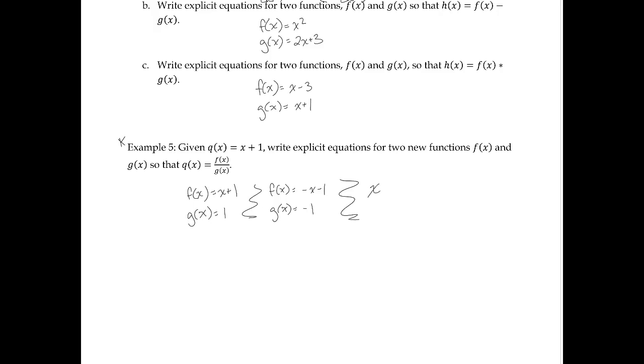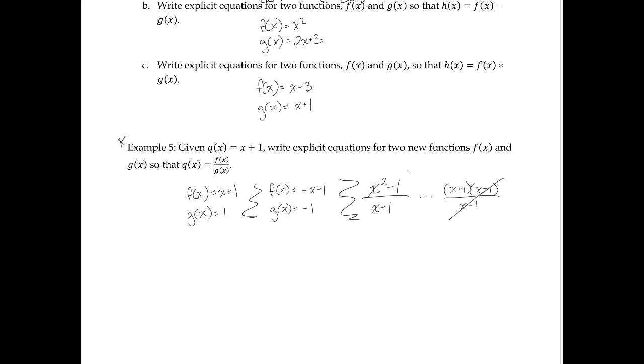If you wanted to start getting into some serious algebra, you could go along the lines of x squared minus 1 divided by x minus 1, because now I'm dealing with a difference of squares. So this would be x plus 1 times x minus 1, divided by x minus 1, and we would cancel that out.